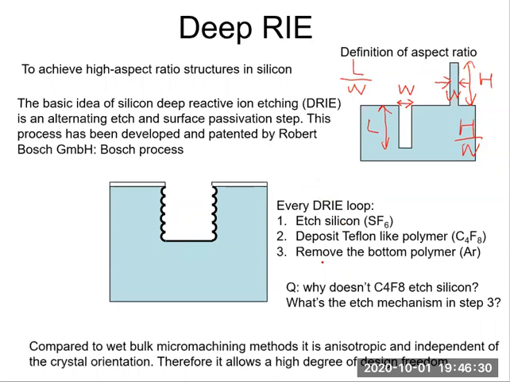It must be sputtering, because argon is a noble gas. So the etch mechanism is sputtering in step 3.